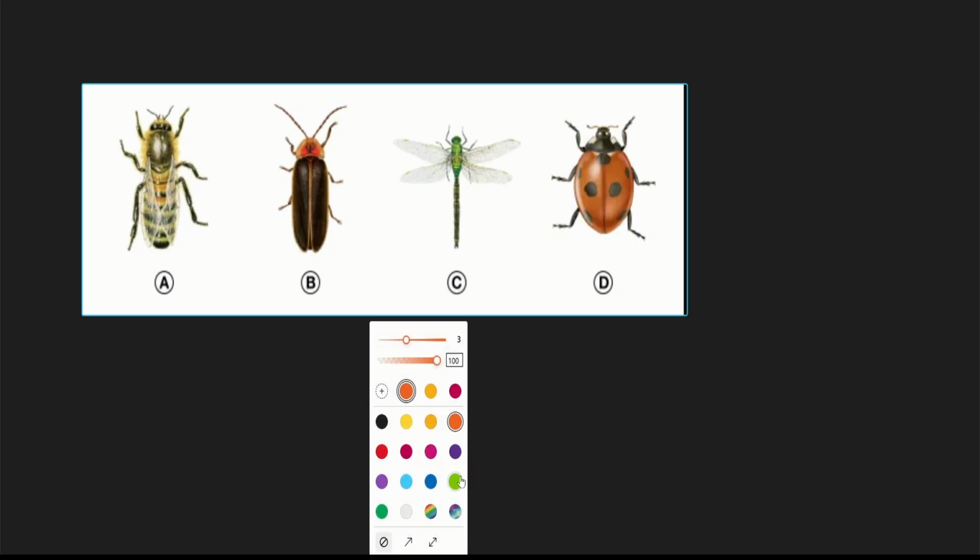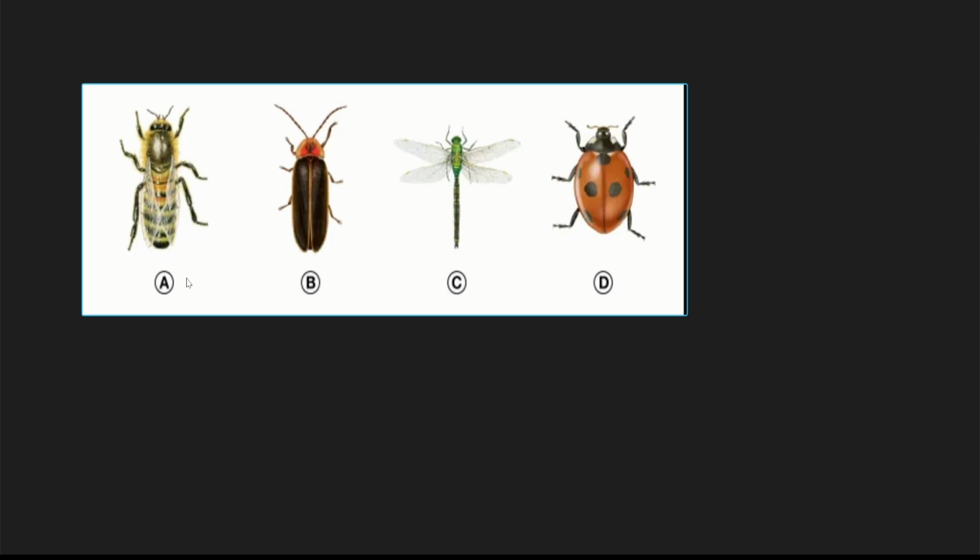Now coming to how an actual dichotomous key in biology would work. Here we have four insects. Firstly, we have A is a bee, B is a firefly, C is a dragonfly, and D is a ladybird. So for option one, we're going to look for something to classify any two pairs.